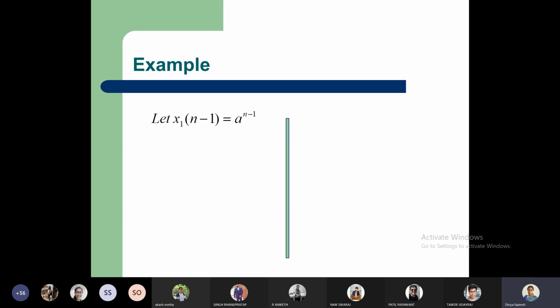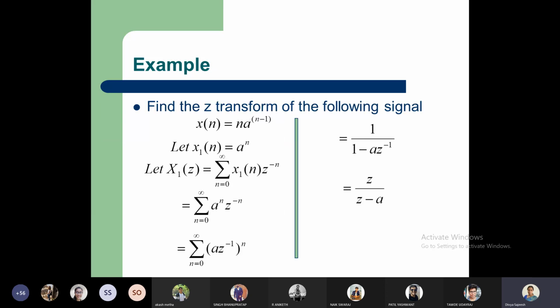Now let us see what happens when the signal is shifted by 1 unit, that is x1 of n minus 1, so it is a raised to n minus 1. Can you understand?